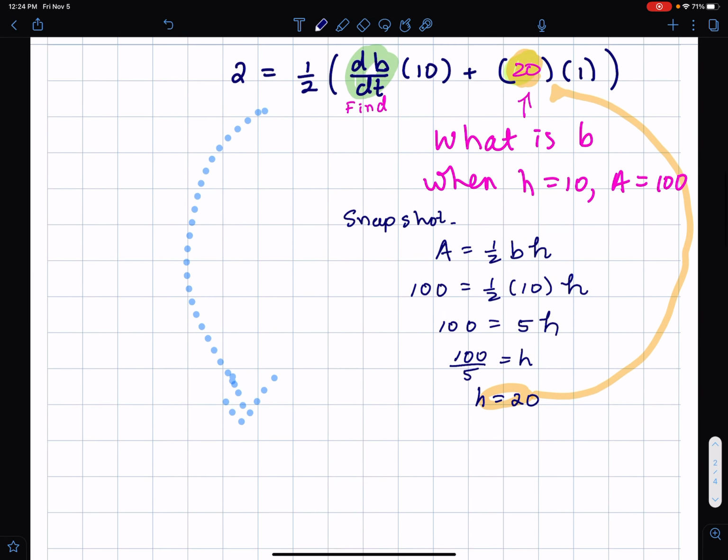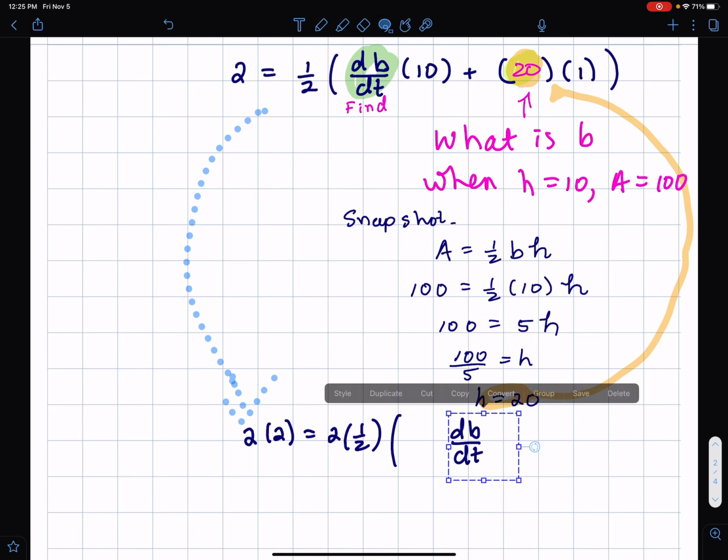Okay. So what I can do, there are different ways to solve this. Probably the easiest actually is to multiply both sides by 2. It's not going to be too difficult to see. If I have 2 multiplied by 2 times a half, which of course cancels out, dB dt times 10, change the order, right?